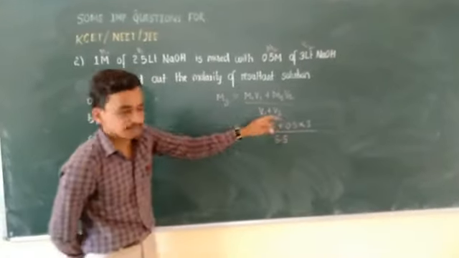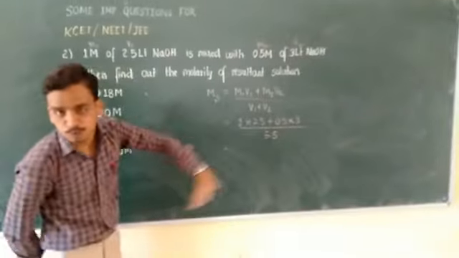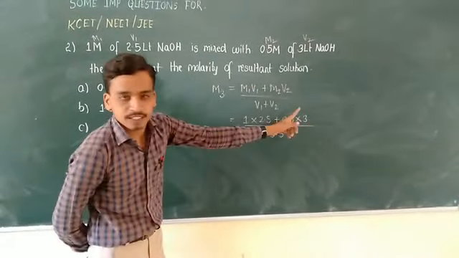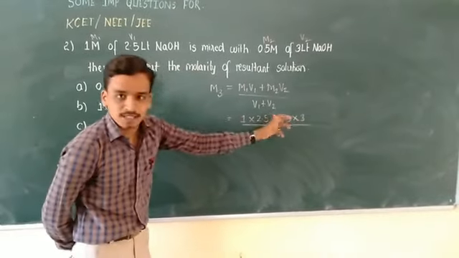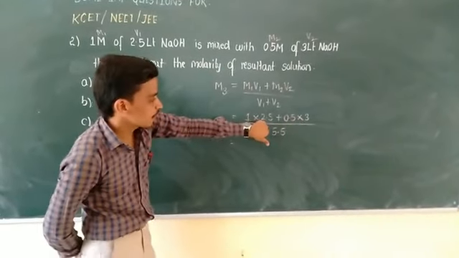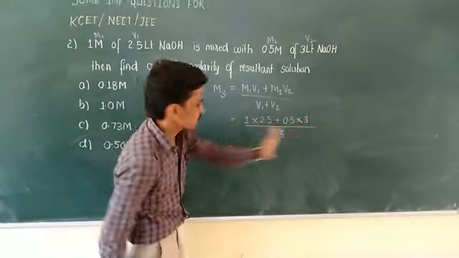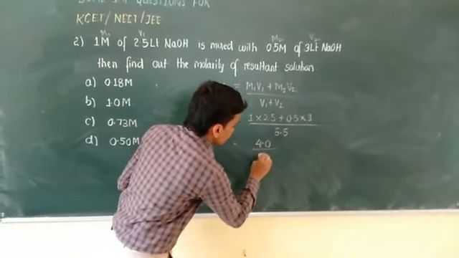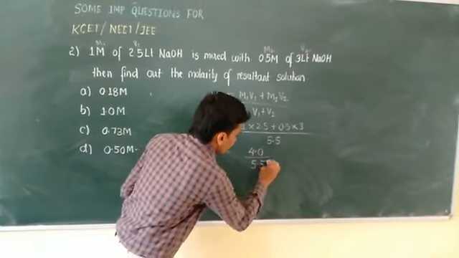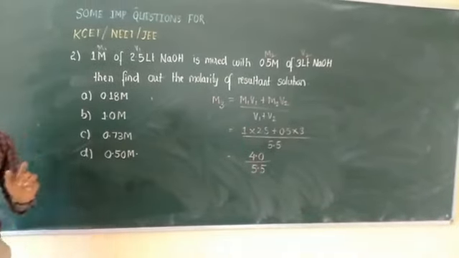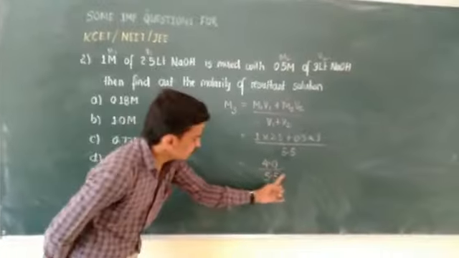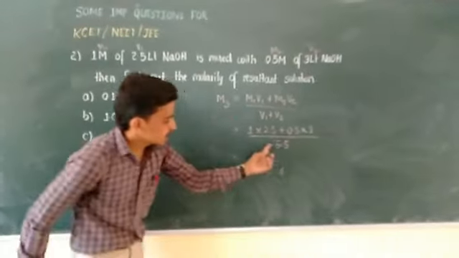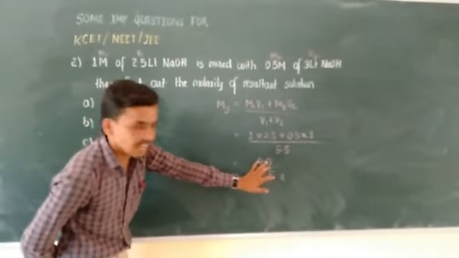Again, it is simple mathematics, that is 1 into 2.5. This remains the same, 2.5, and 0.5 into 3 becomes 1.5. This 2.5 plus 1.5, what is the final answer here? That is 4.0, all divided by 5.5. Okay, for a moment, this 5.5 is assumed as 6 and this numerator is assumed as 40.